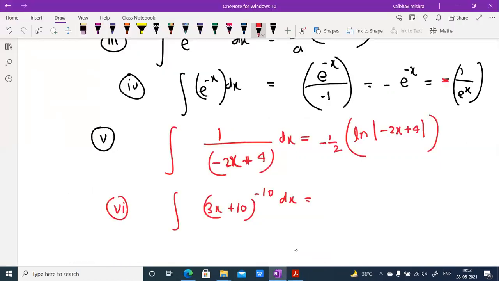Solve. So will it be 1 upon 3 into 3x plus 5 to the power minus 9 upon minus 9? Yes, absolutely.